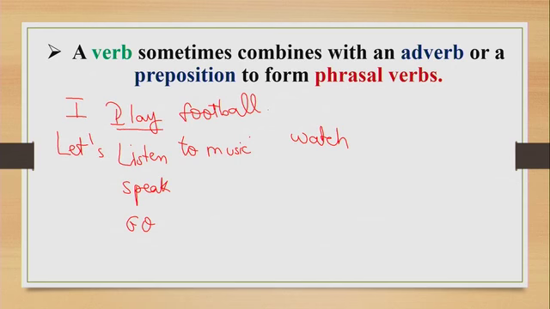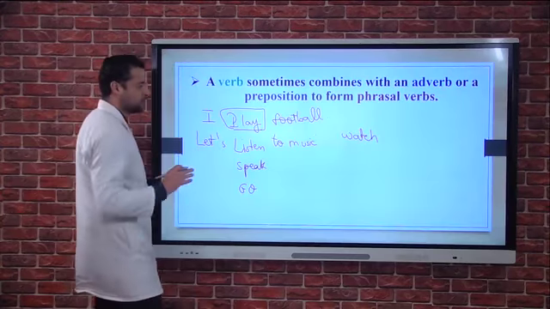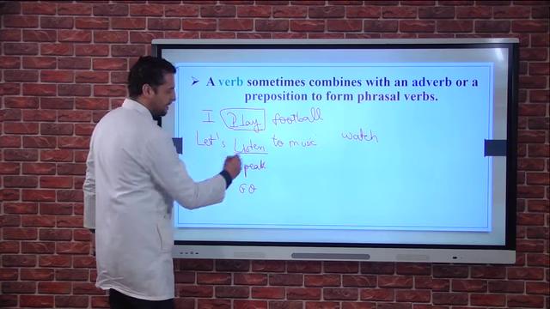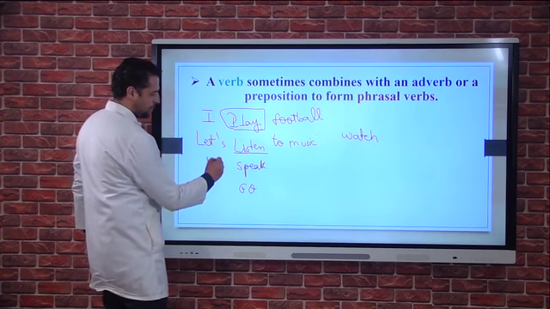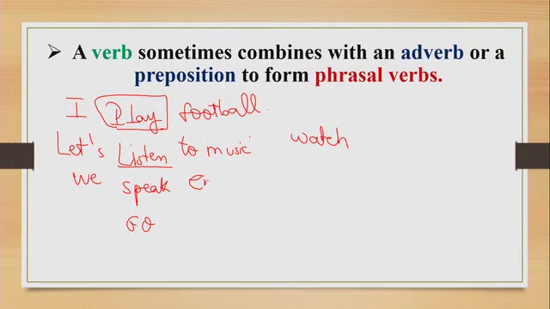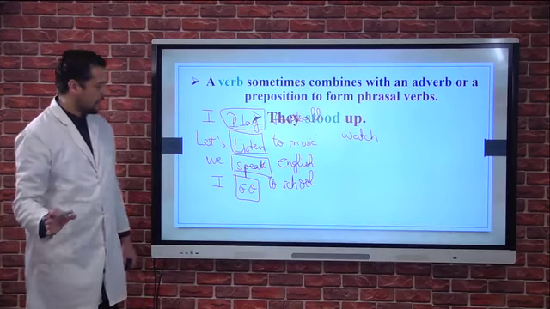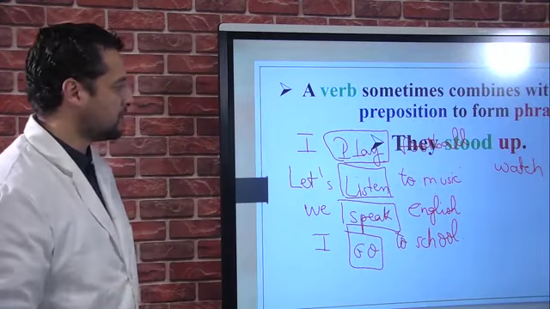When you put it in a sentence, it gives us a sentence which is understood and clear. We have listen, we speak English, I go to school. As you can see, we have the verbs listen, speak, and go, and all these verbs have a clear meaning.